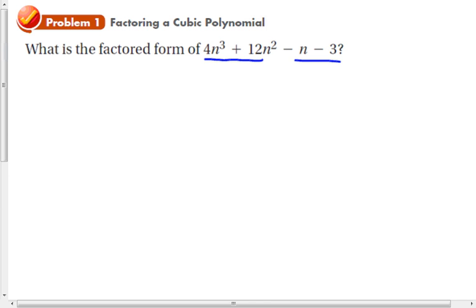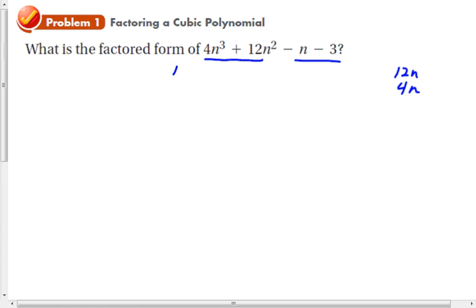So the greatest common factor of 4n and 12n is 4n. So we're going to factor out 4n from that, and we get n squared plus 3n. Oops, I should have factored out 4n squared, as you can see there.